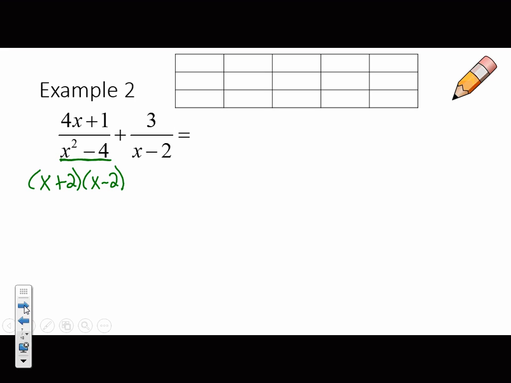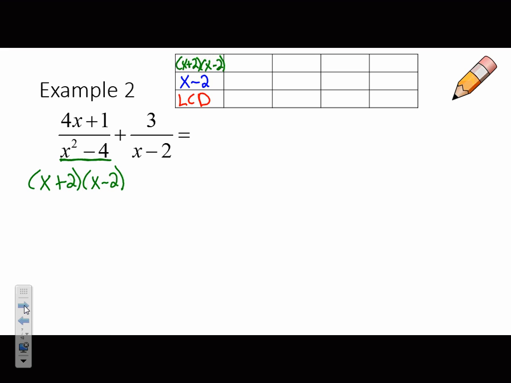We're going to make our table. We're going to plug in what we know. So my factors on the bottom are x plus 2, x minus 2, and my second fraction is going to be x minus 2, and my goal here, remember, is to find my least common denominator.